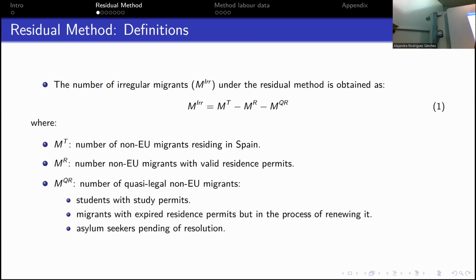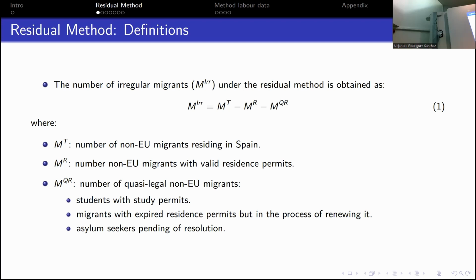The first one, the simplest one, but not the easiest one to estimate, I would say, is MT, which is the total number of migrants residing in the country. The second term, MR, is going to be computed as the number of migrants with valid resident permits.